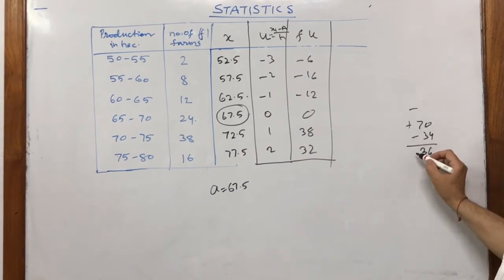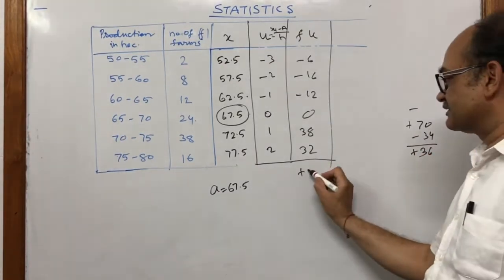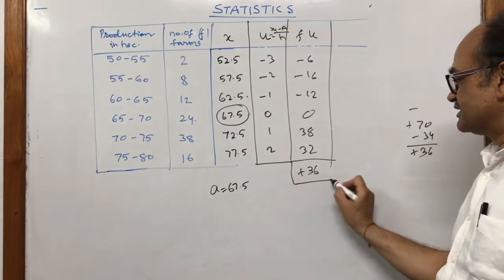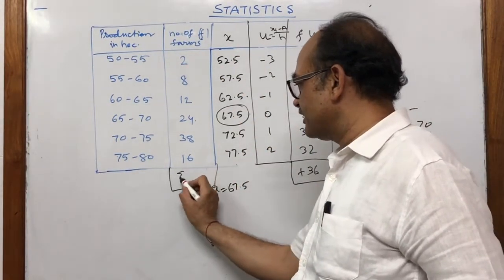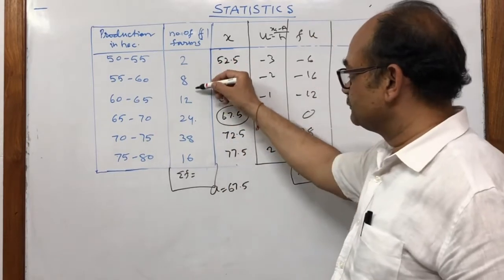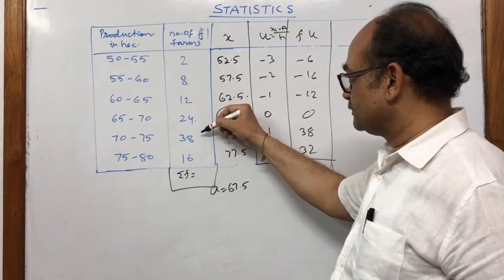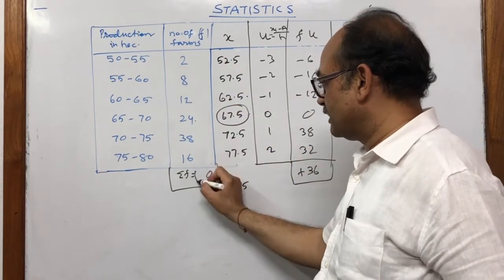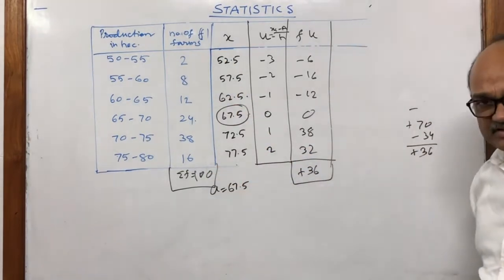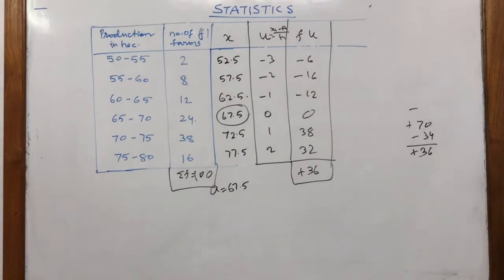So 70 minus 34, this is plus 36. Total of n, that is sigma f, equals to 100. Sigma f is 100, fu total is 36.